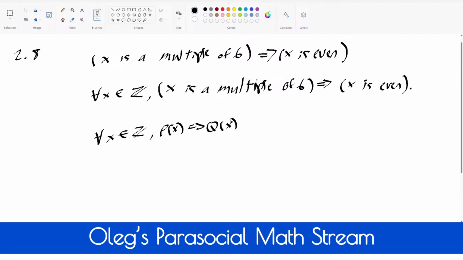Keep in mind the truth table on an implication: if they're both false, the statement's true. You can think of that as being unchallenged. At least that's how I do. And also, if P is false but Q is true, it would still be a true statement because Q is the effect. We care about the effect, basically.